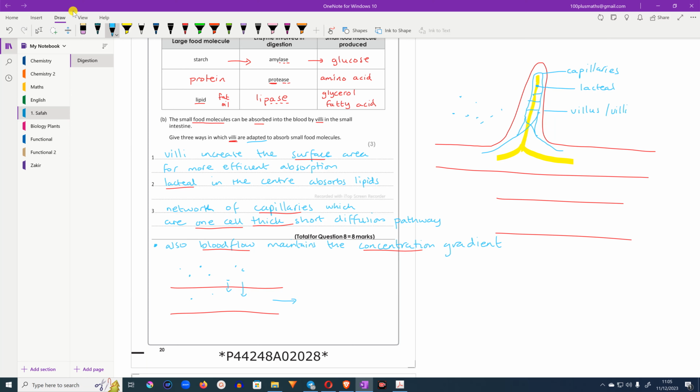So look, let's get rid of this and say the villi are permeable to allow small food molecules through. There you go. Is that done? Good.